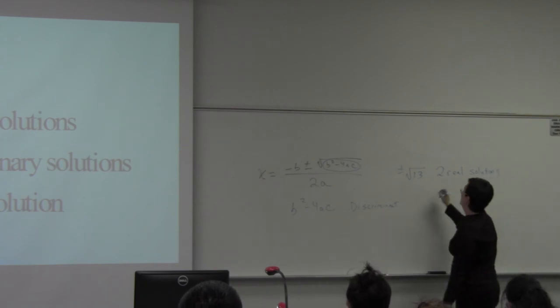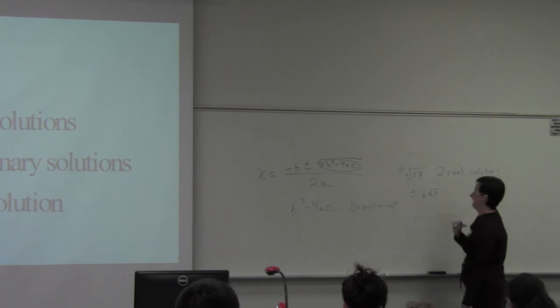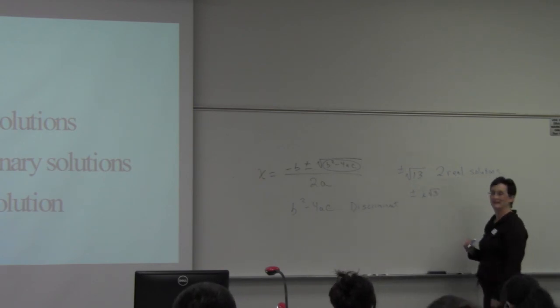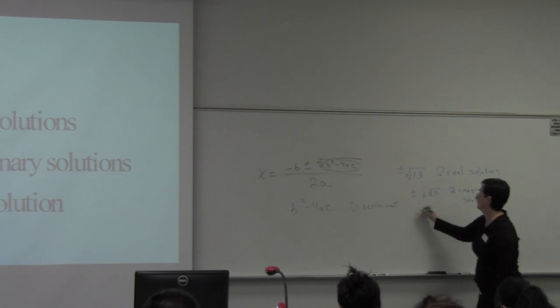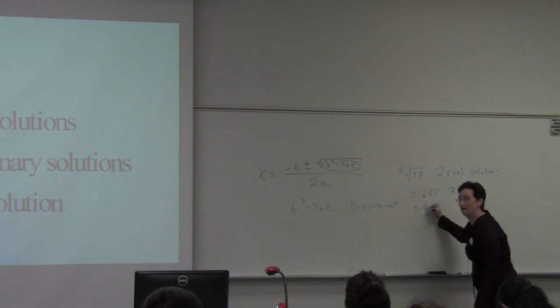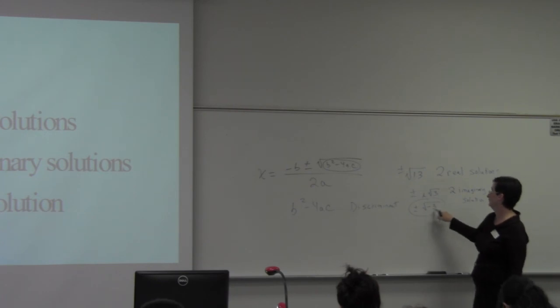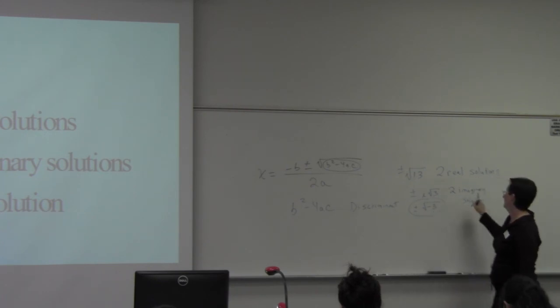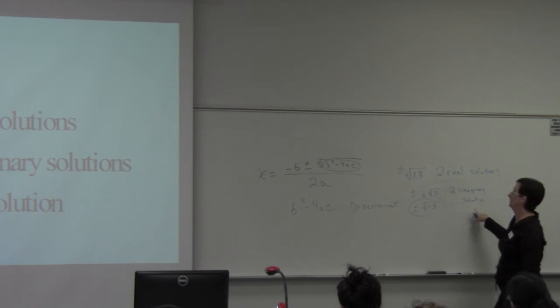What if you get plus or minus i square root of 3? 2 imaginary solutions. So this right here would have been the square root of a negative. So if this number is negative, then you have 2 imaginary solutions.